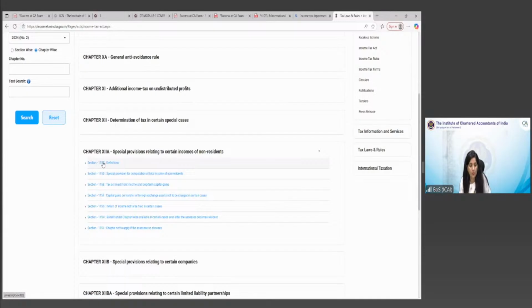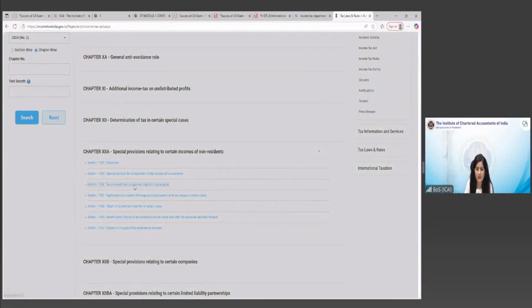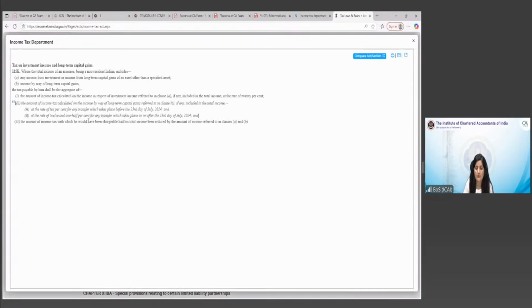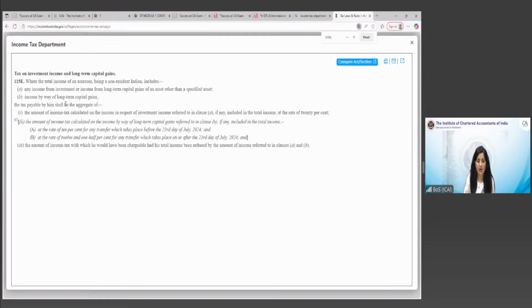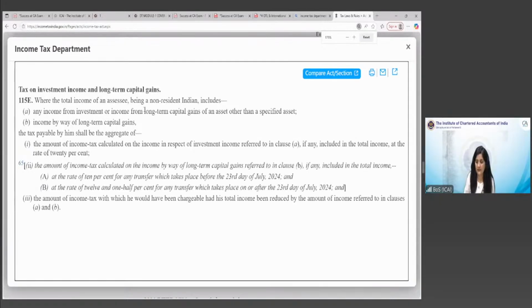Here, if you go and see this: capital gains on transfer of foreign exchange asset not to be regarded as, this is the tax on investment income and long-term capital gains. What does this provision say? The total income comprising your investment income or income from long-term capital gains. And the long-term capital gains will be taxable.